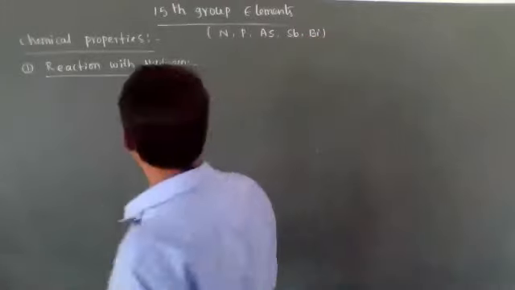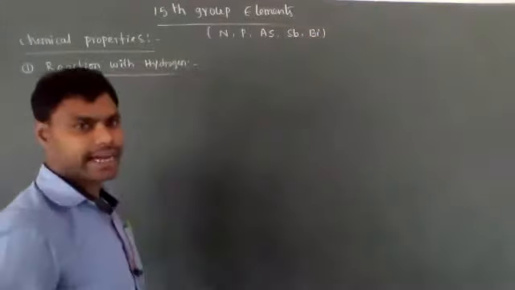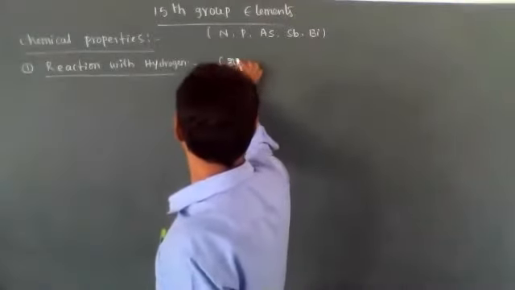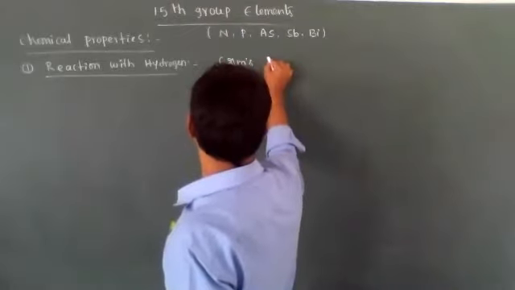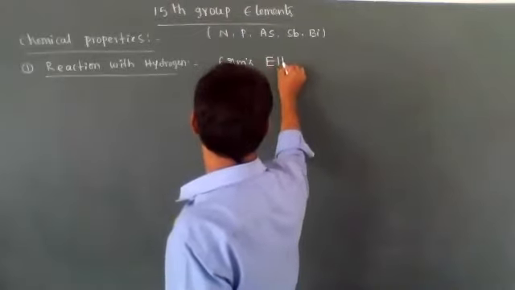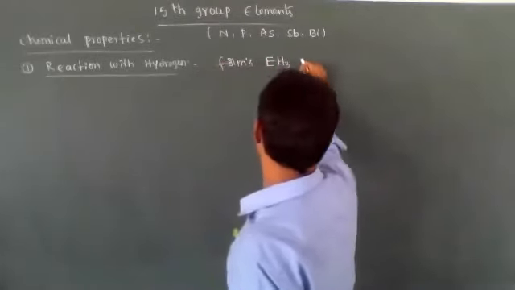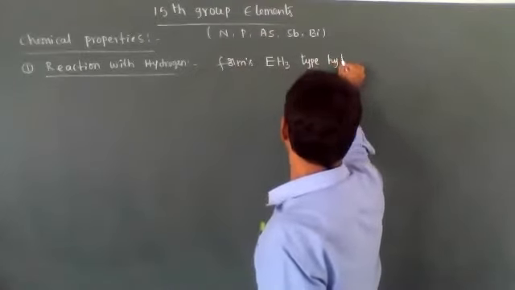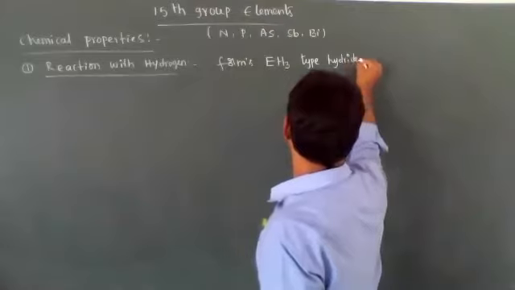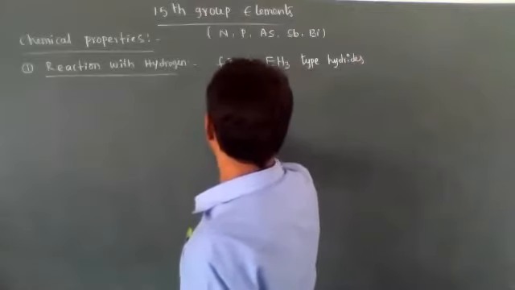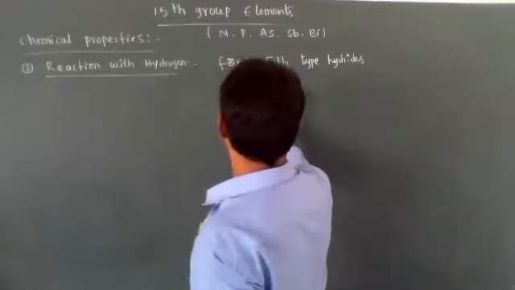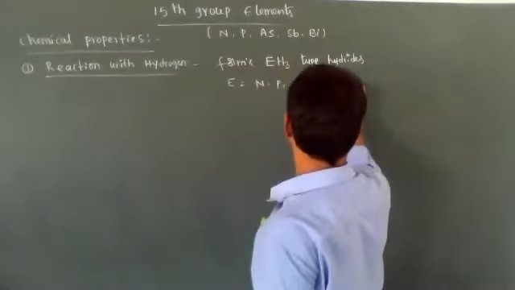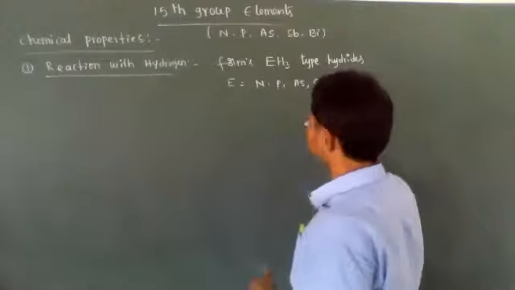Whenever these 15th group elements react with hydrogen, they form EH3 type hydrides, where E is equal to nitrogen, phosphorus, arsenic, antimony, and bismuth.